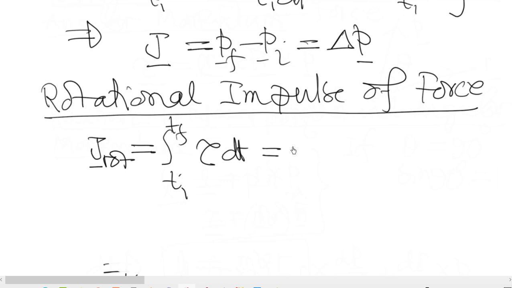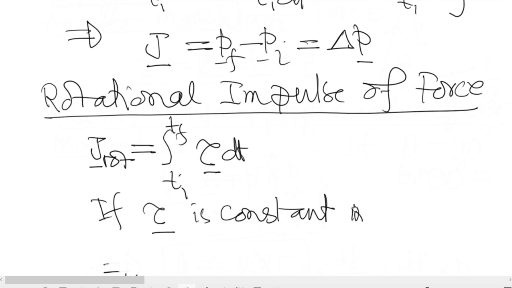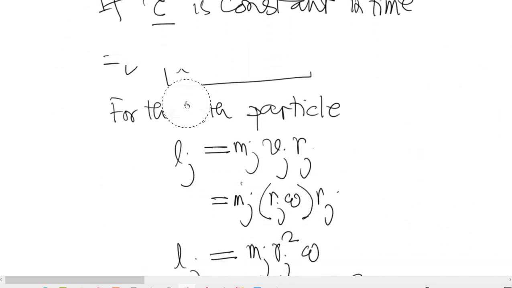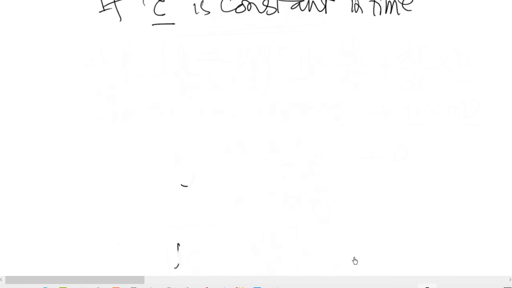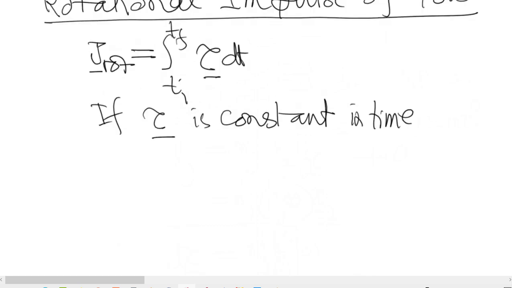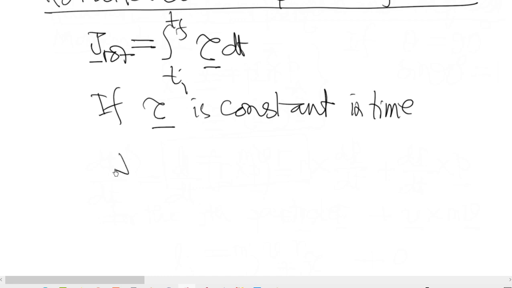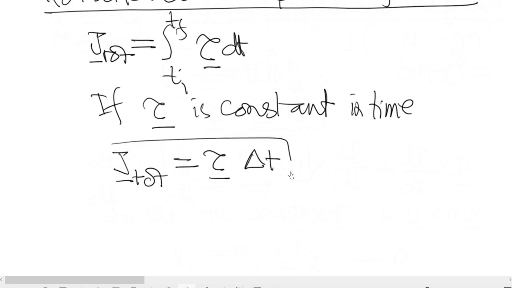And if this tau is constant in time, then we can bring the tau outside the integral sign, and the rotational impulse of force can be written as this.